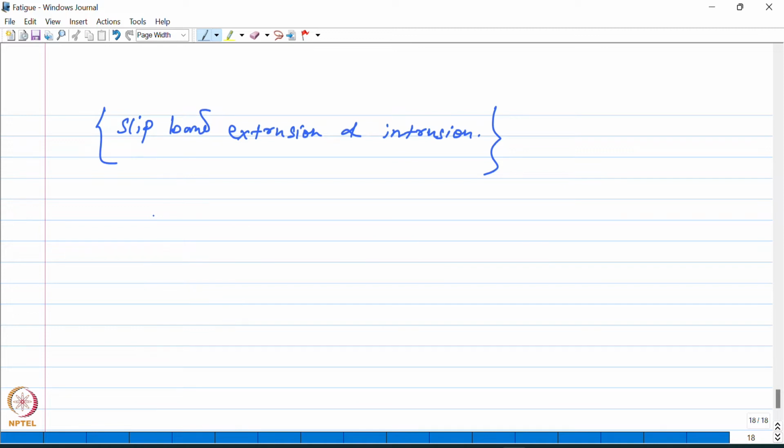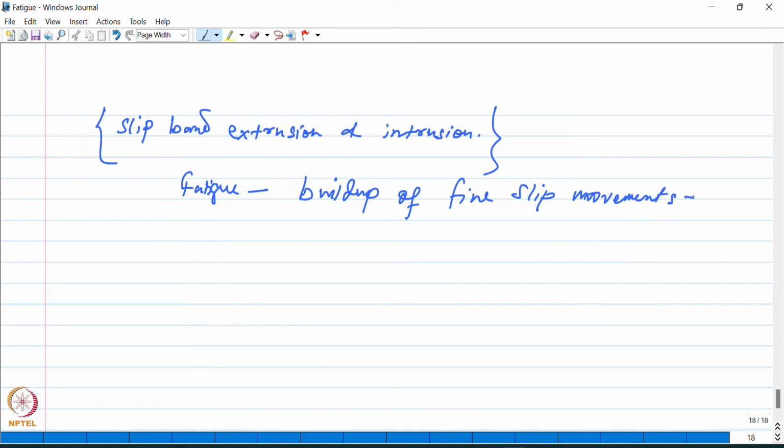Now, if you compare this with the static deformation, in fatigue, the slip bands are the result of build-up of fine slip movements of the order of 1 nanometer, contrary to steps of 100 to 1000 nanometers in case of static deformation.